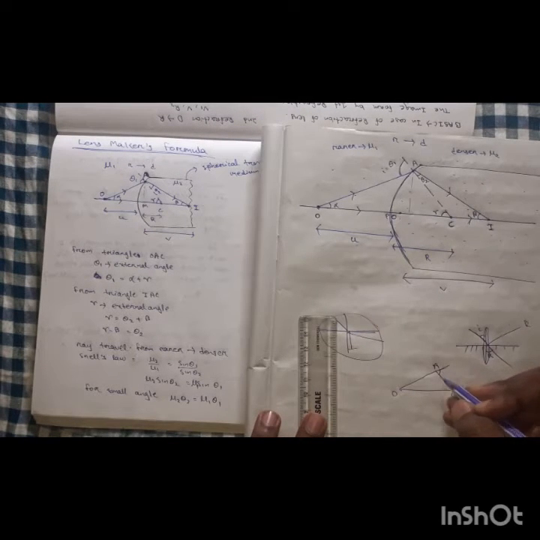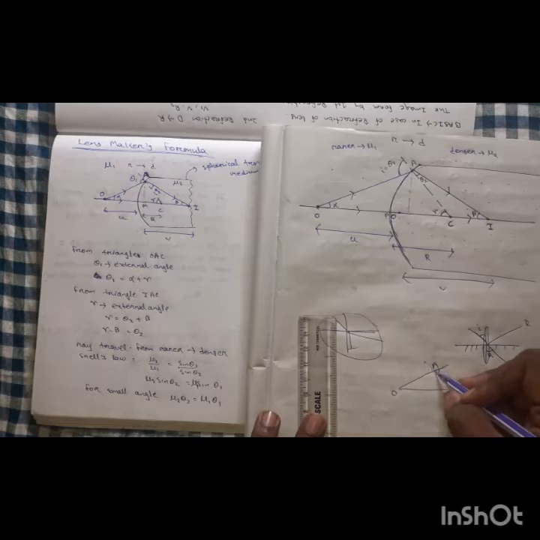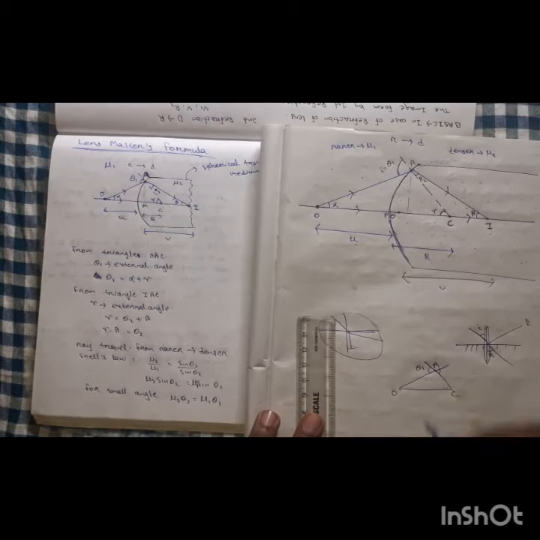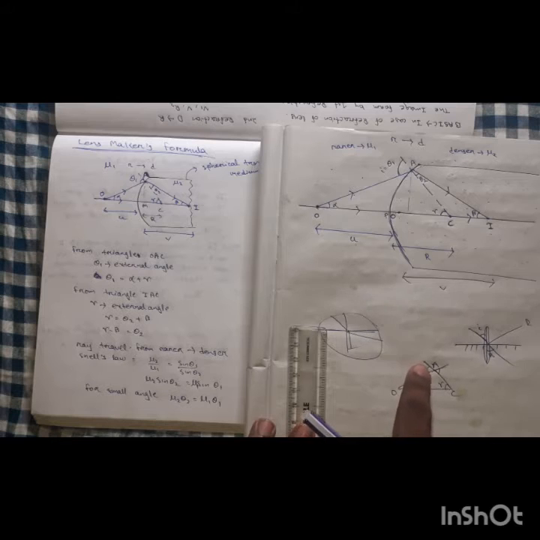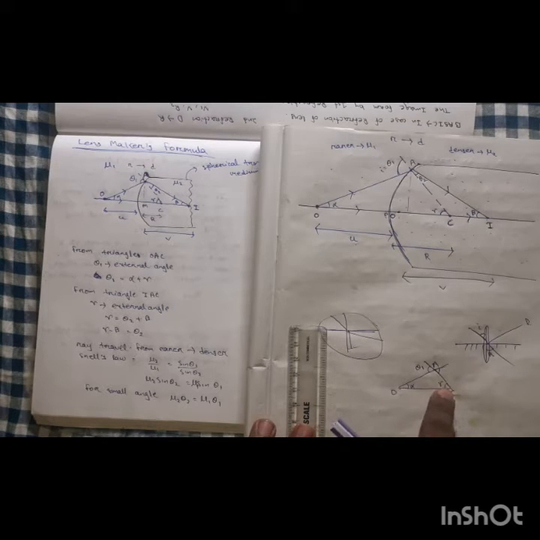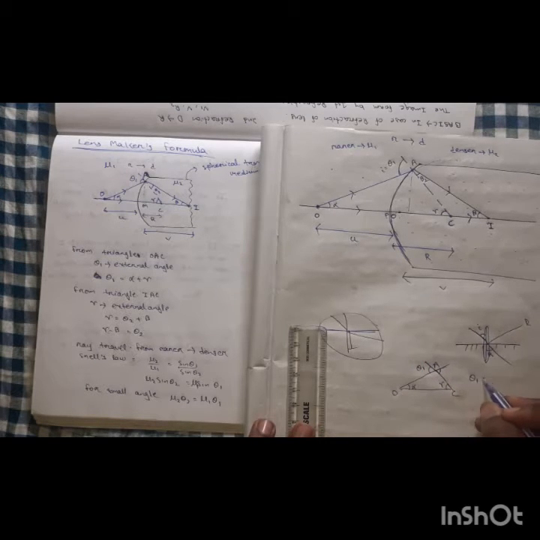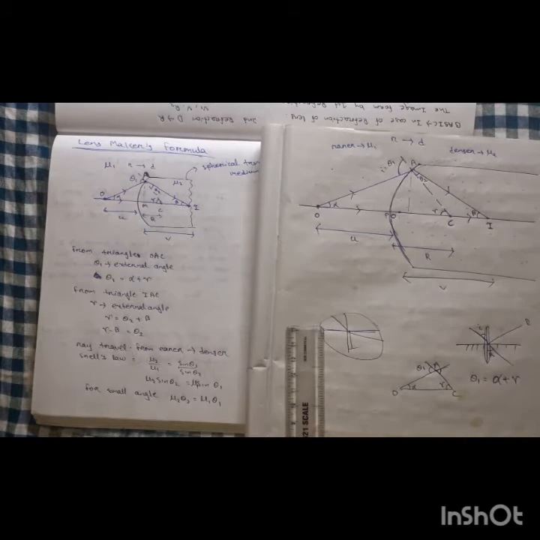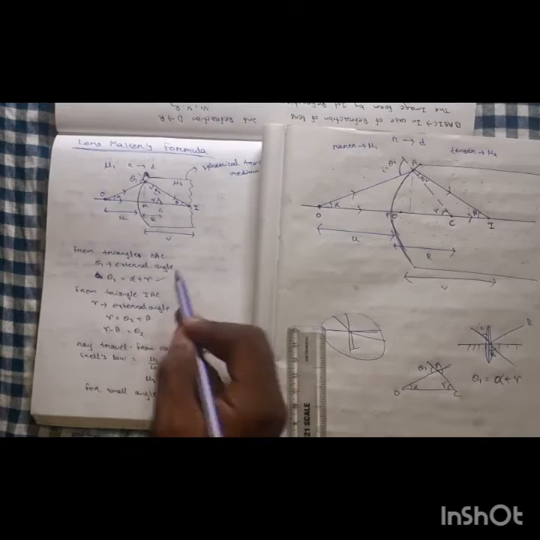Here it is the angle theta 1, the alpha, and the gamma. Theta 1 is the outer angle, alpha and gamma are inner angles, and we know the outer angle is equal to the sum of the inner angles, alpha plus gamma. Then theta 1 equals alpha plus gamma. Understand?